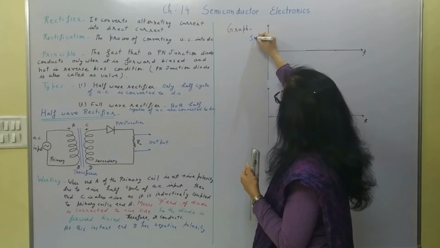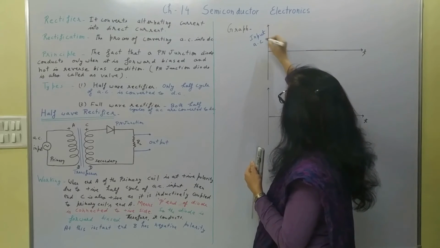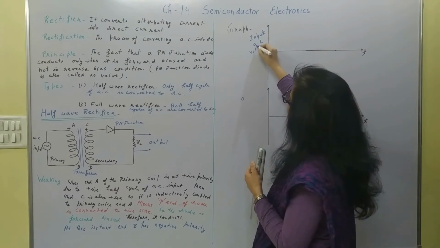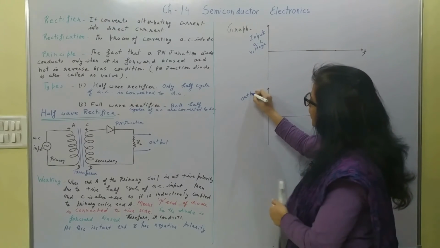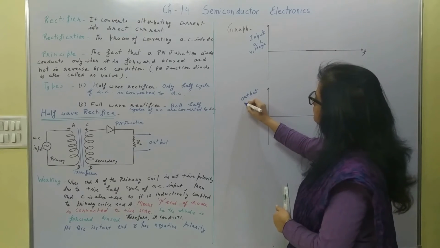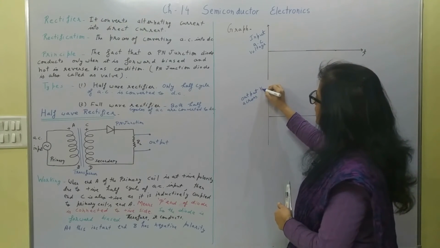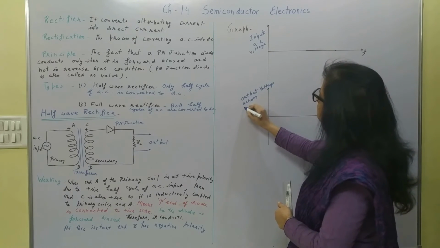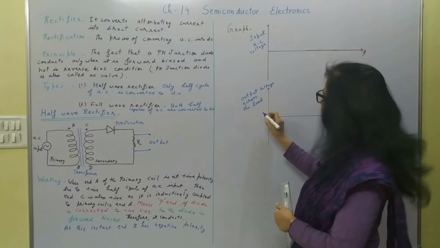This is the input AC voltage, and this is the output voltage across the load resistance, right?